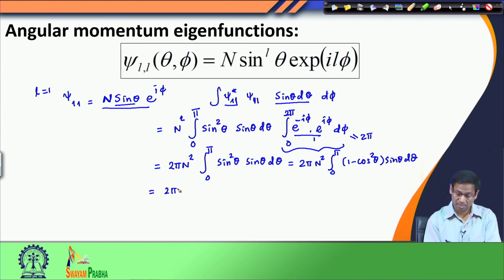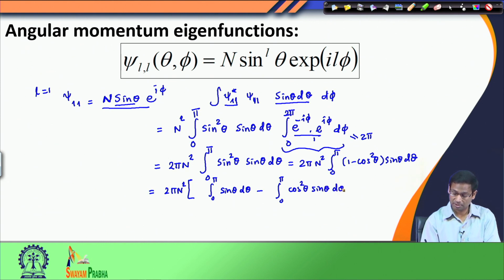So, this is 2 pi n square, the first term is the integral from 0 to pi of sin theta d theta, the second term is the integral from 0 to pi of cos square theta sin theta d theta. This term I have already seen a few times. Its value is 2. So, I can write this as 2.